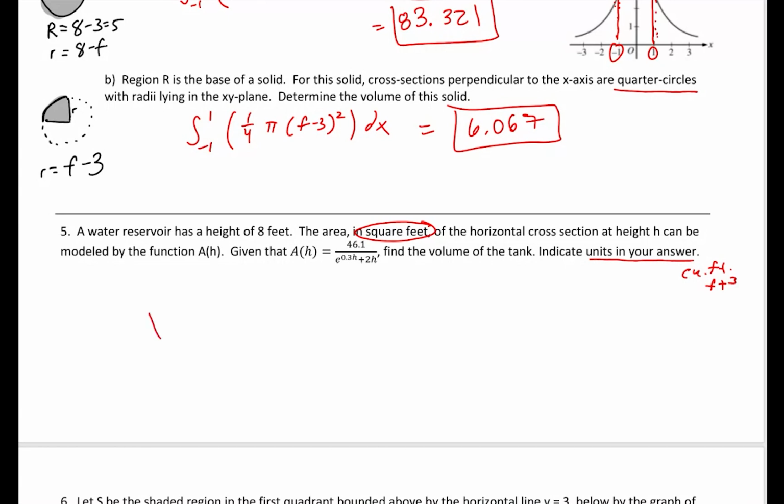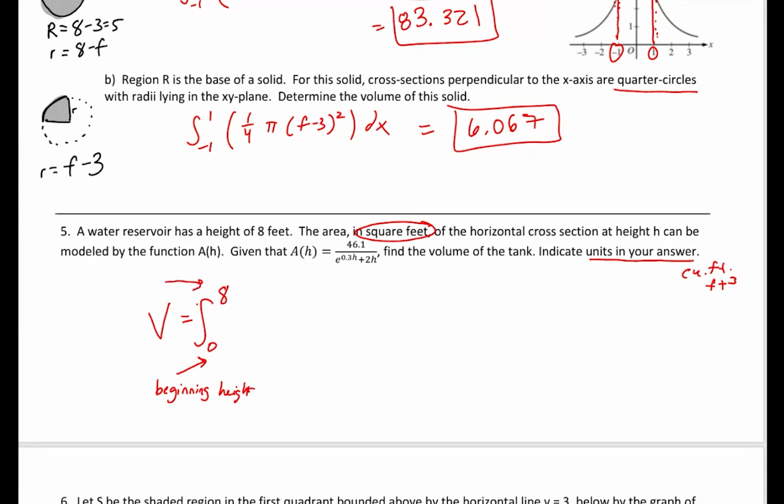So our volume will be the integral. Let's see here. The beginning height. What was the beginning height? 0 feet. Okay, right here, that's the beginning height. I'm going to go all the way to 8 feet.